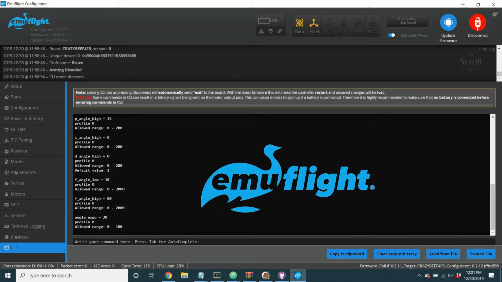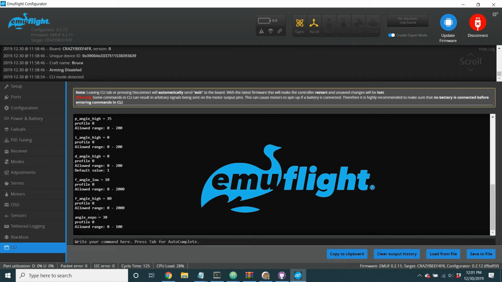And then on top of that, I've added an angle expo. This angle expo just adds an exponential curve to your angle if you set it anything above 0. That means that instead of your angle being linear, where you move your stick 10% and you've moved 10% of your total pitch angle or roll angle, you can now pitch and it's only 30% of your total.